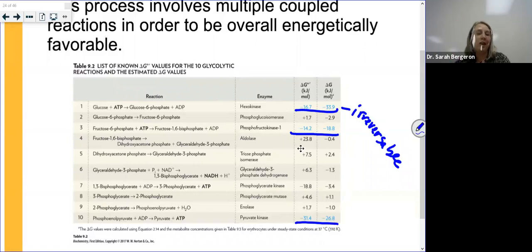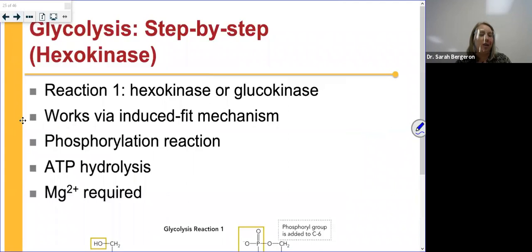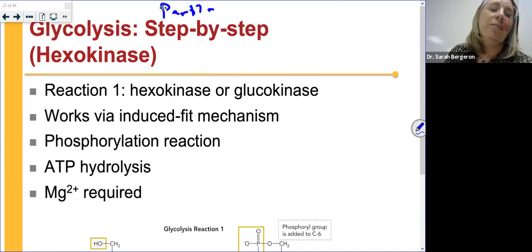And so we're going to look at each of these and see why they are irreversible. So our very first one, right? We're going to start with hexokinase. All right, hexokinase. We're in part 1, right? Part 1 is the investment phase.